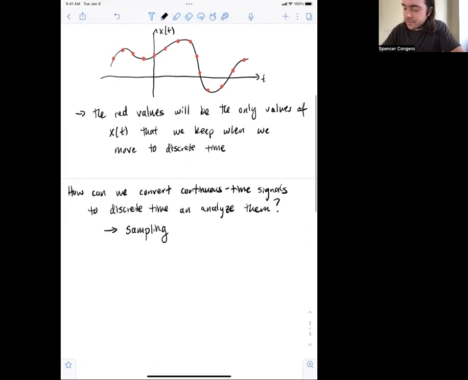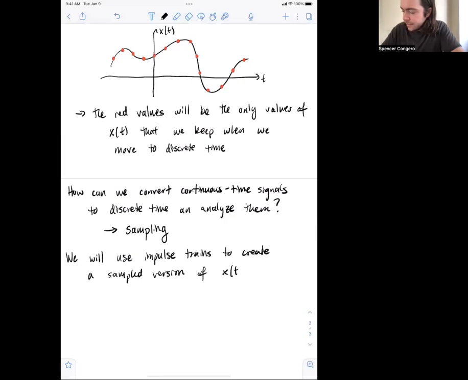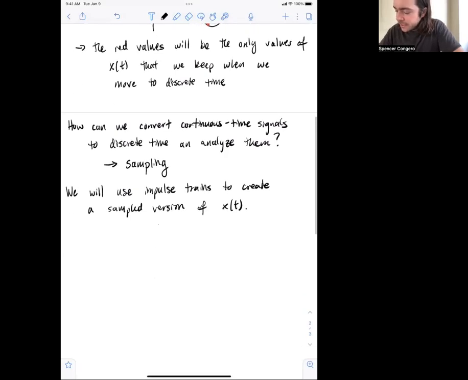So how are we going to do this? Well, it turns out that we're going to use impulse trains to create a sampled version of x of t. So let's just review what an impulse train is. Definitely rewatch the video on impulse trains if you forgot.